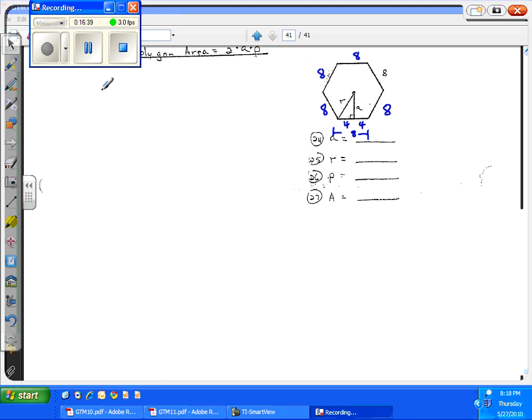So we're going to use the formula for each interior angle of a regular convex polygon, and that formula is the number of sides minus 2 times 180 degrees divided by the number of sides. If we plug in 6 for hexagon, 6 sides, we're going to have 6 minus 2 times 180 degrees divided by the number of sides 6.